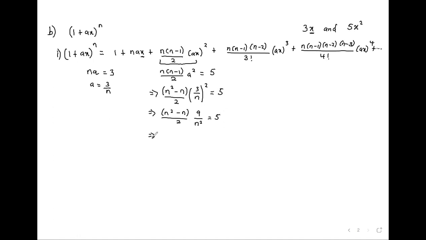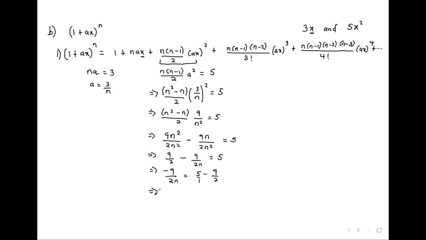So if we expand, we have 9n squared over 2n squared minus 9n over 2n squared is equal to 5. So we get 9 over 2 minus 9 over 2n is equal to 5. If we take 9 over 2 to the other side, we get negative 9 over 2n is equal to 5 minus 9 over 2.